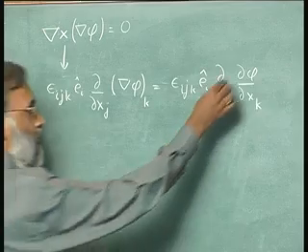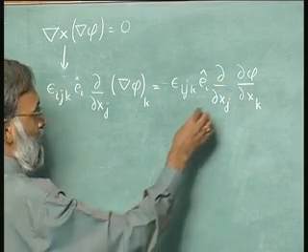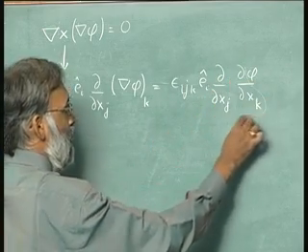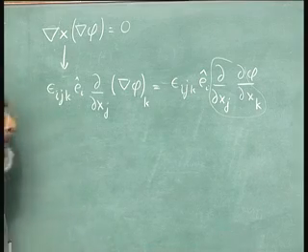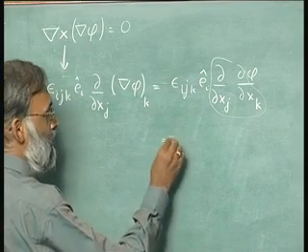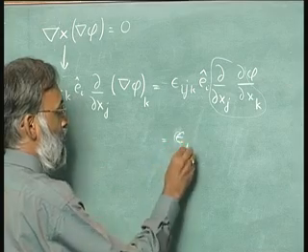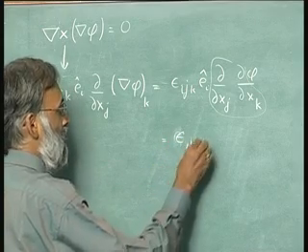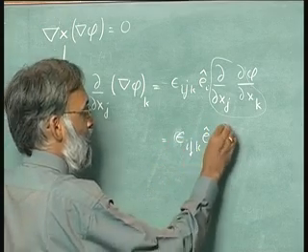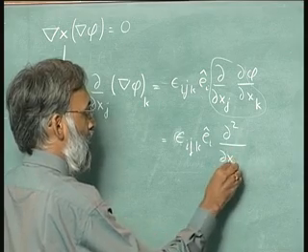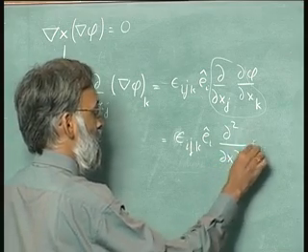So, now you have this expression, with these two derivatives. You can write it as e sub i, epsilon i j k, del squared del x j del x k acting on phi.